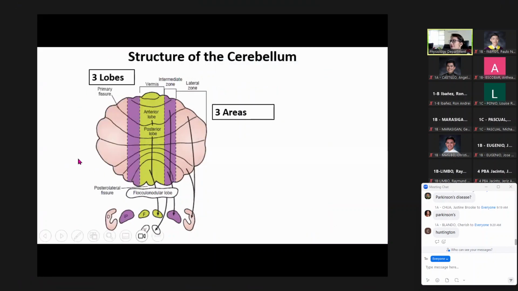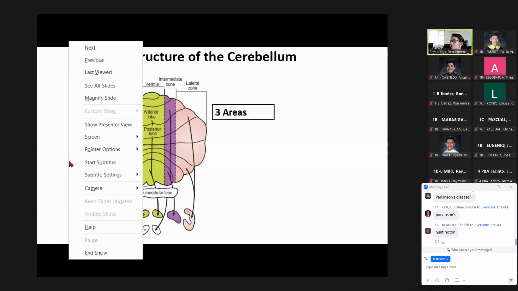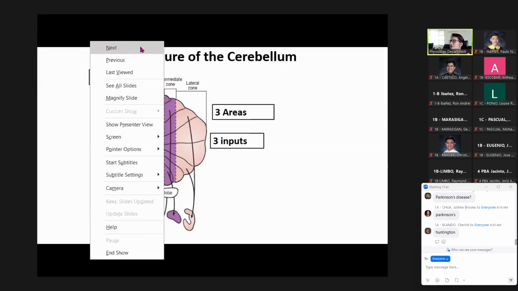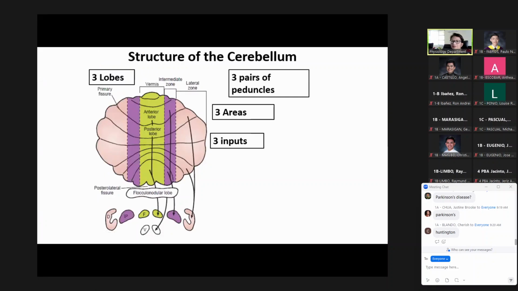Next 3. Okay, yung 3 areas, 3 inputs, three pairs of peduncles to which they are attached. Okay, ano pa?